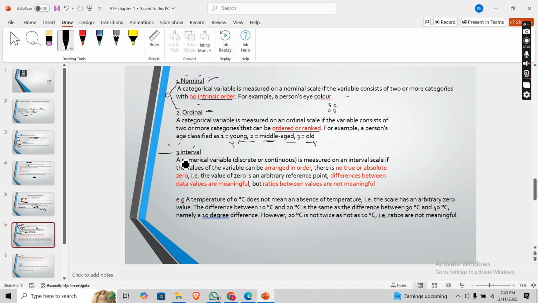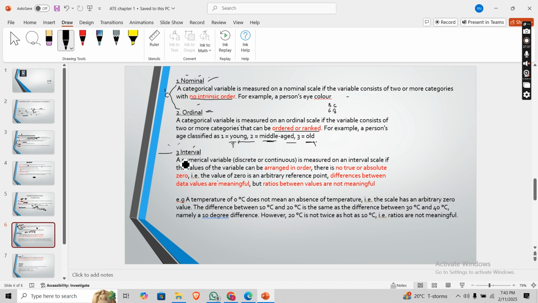I repeat, the difference between the data values is meaningful. In brackets you can write, for example, the difference between 10 and 20 is the same as the difference between 30 and 40, which is 10. And then the third standard: ratios between the variables are not meaningful.